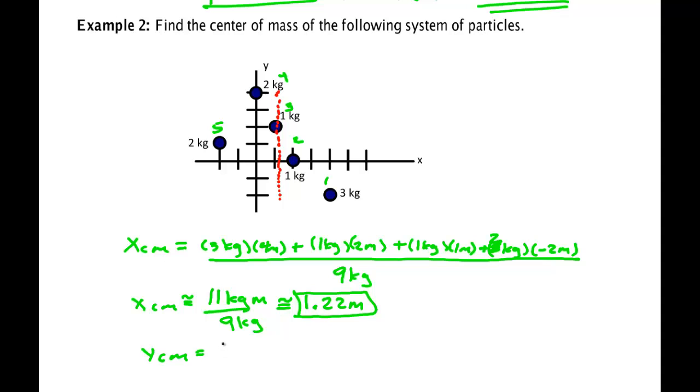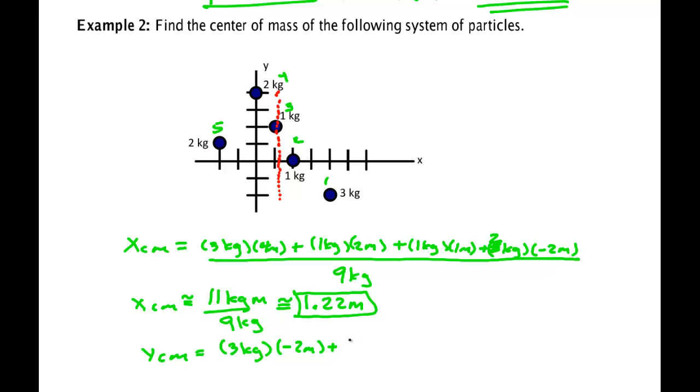Do the same thing, 3 kilograms, but this time we look at their Y score. So you can think of this as the score in physics maybe, and this is your score in your math class. So that was the physics average. Now we want to look at the math average. I got minus 2. This one is at 0 on the Y because it's on the x-axis, so it doesn't count.